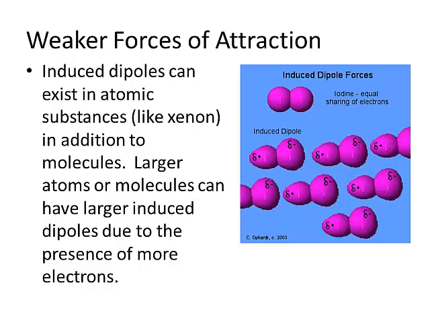As a matter of fact, larger atoms or even larger molecules can have larger induced dipoles because they have more electrons and their electron cloud is larger over the entire atom or molecule. Therefore, that electron cloud is easier to deform.